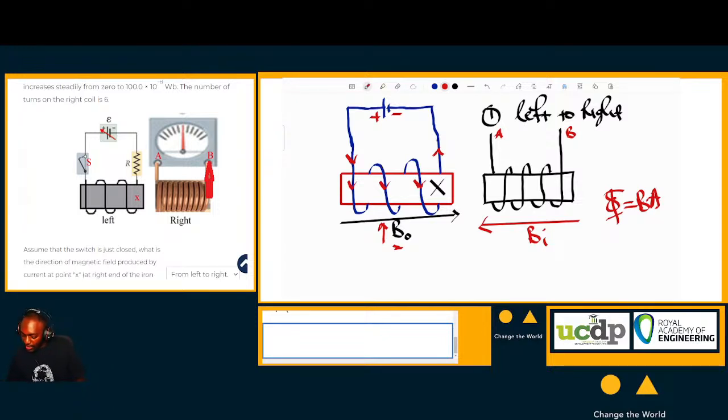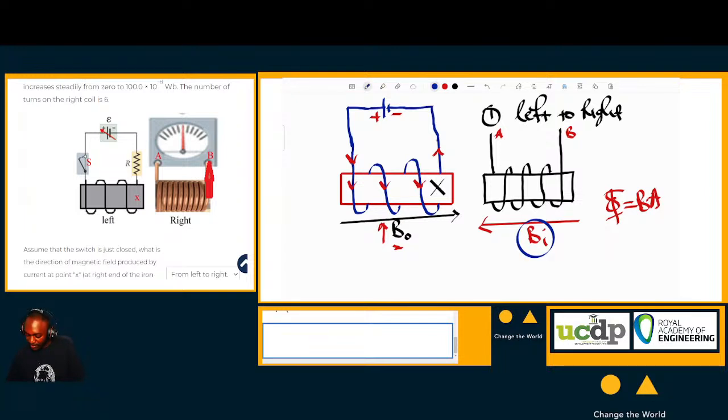So now we have identified the direction of the induced magnetic field, and we see that it is from right to left, which is our B I. Since we now have the direction of the magnetic field, we use it to determine the direction of flow of current on the right loop.